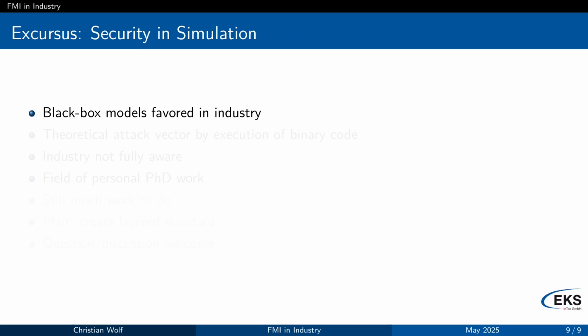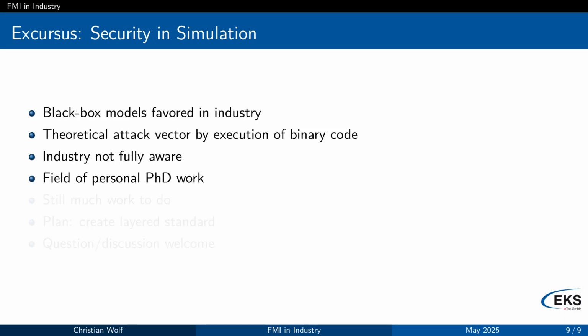And finally, I want to give you an excursus about security and simulation. In FMI, as I already mentioned, you can put models out as a black box, and this is done by providing only the DLL.